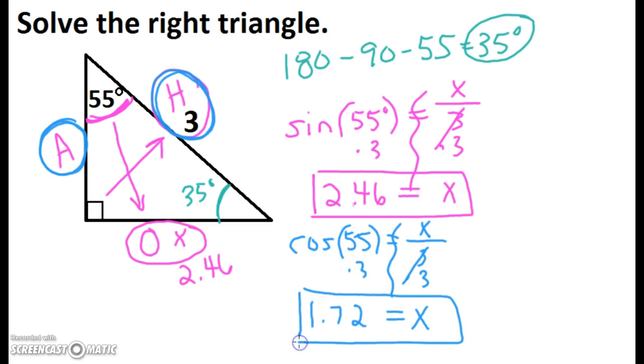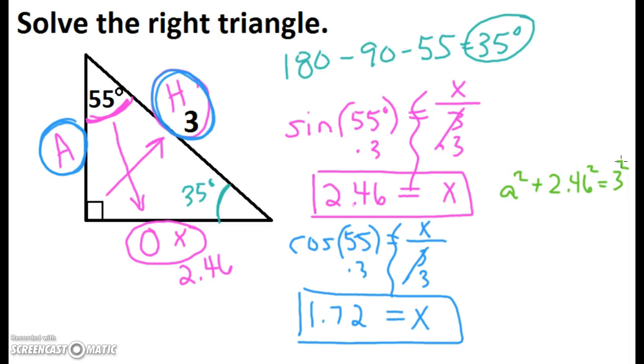Now, some people may have noticed that right here, when you got this 2.46, you now had 2 sides of the triangle. And you could have used Pythagorean theorem. In fact, I'm going to show you that Pythagorean theorem would work. If you had used the 3 for your hypotenuse and the 2.46 for one of your sides, you could have done a squared plus 2.46 squared equals 3 squared.